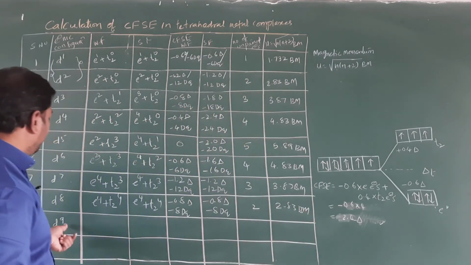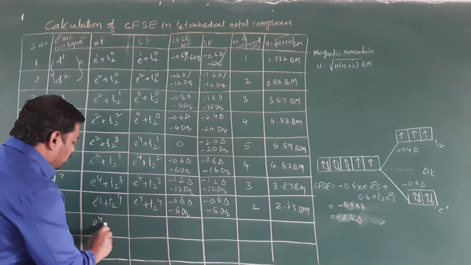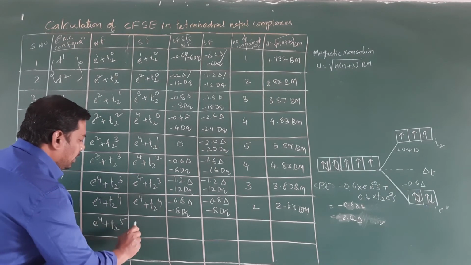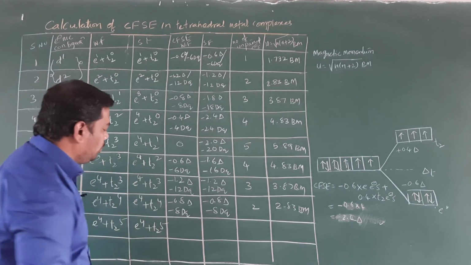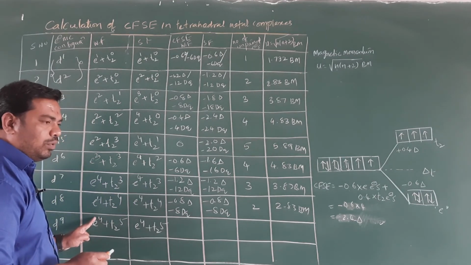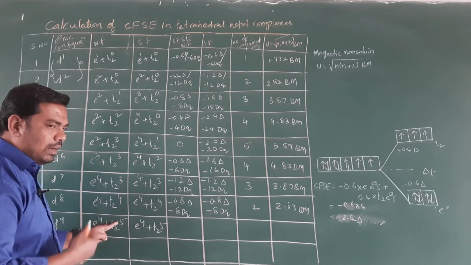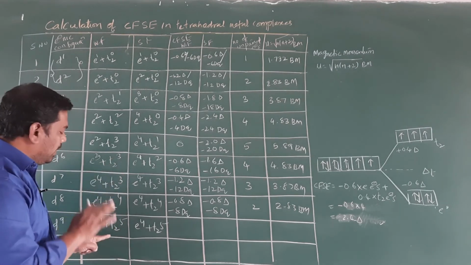Clear? Right. So for a D9 configuration, E4 plus T2^5. Here you can see minus 2.4 minus 2, as the number of electrons in the T2 level increases, the CFSE values gradually decrease.